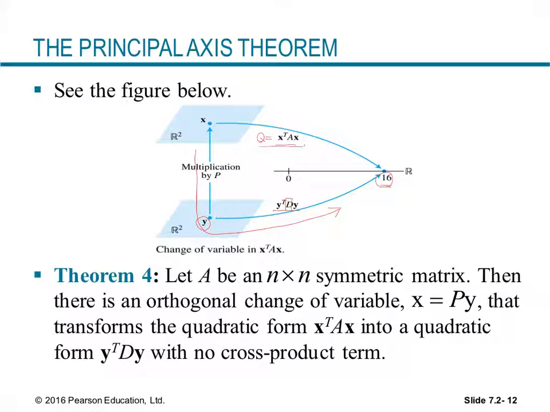So there is an orthogonal change of variable which transforms the quadratic form x transpose Ax into a simpler quadratic form y transpose Dy, and it is simpler in the sense that this quadratic form does not have any cross product term, which will help you find the maximum or minimum of this function.